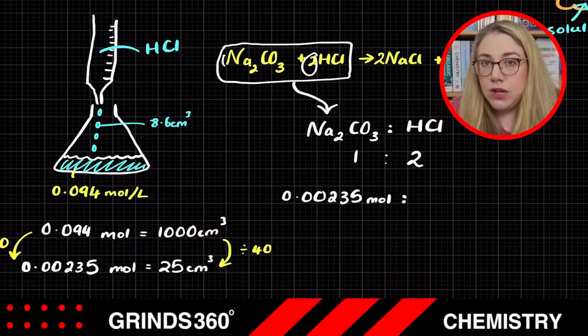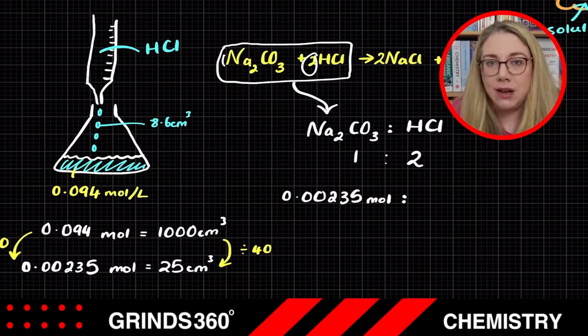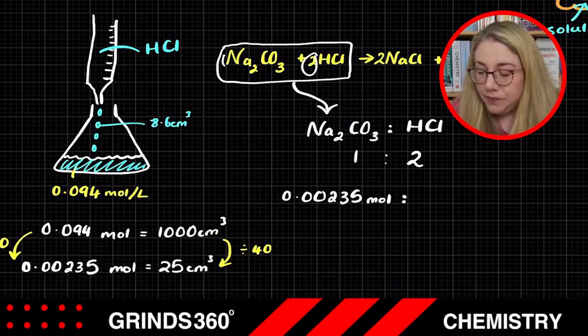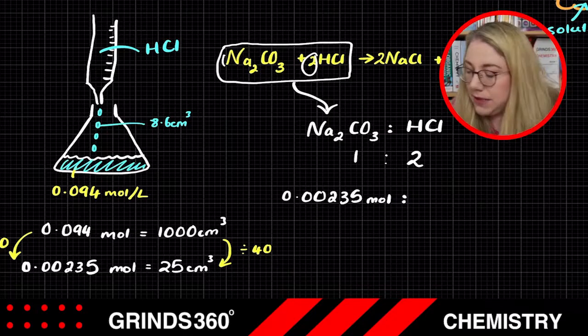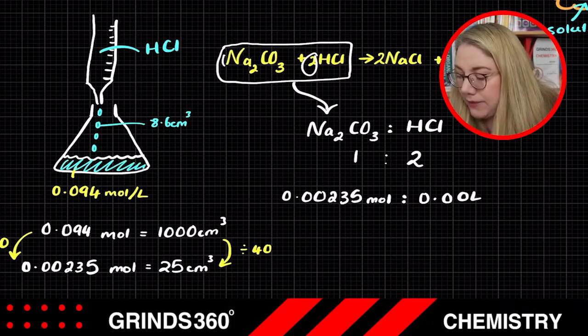Now, if you've done the titration correctly, there should be twice as many moles and not more of acid added into the conical flask to get you the colour change. So if I have that number of moles of sodium carbonate, I need to multiply that by 2 to get the moles of the HCl, which is 0.0047.